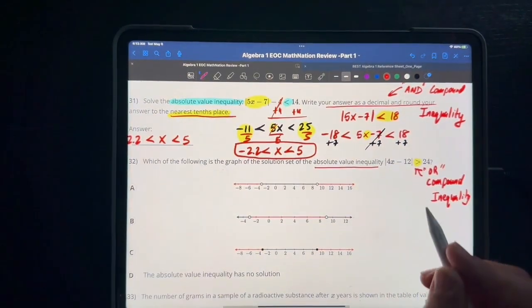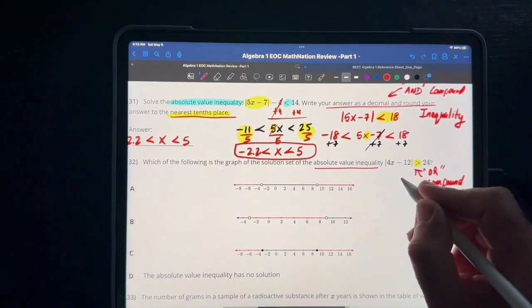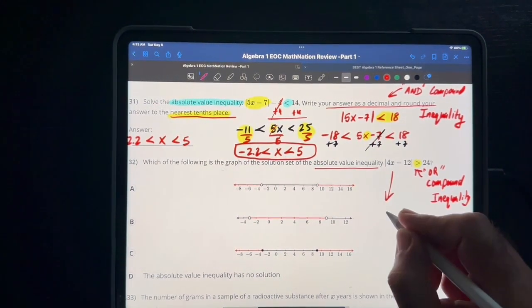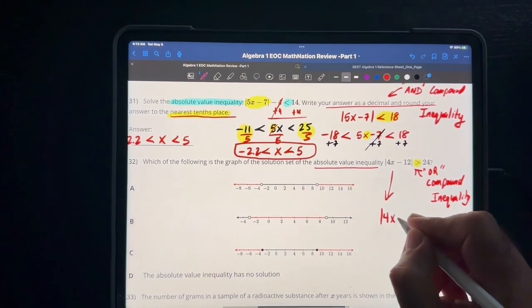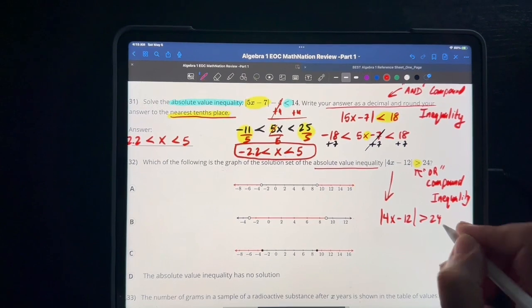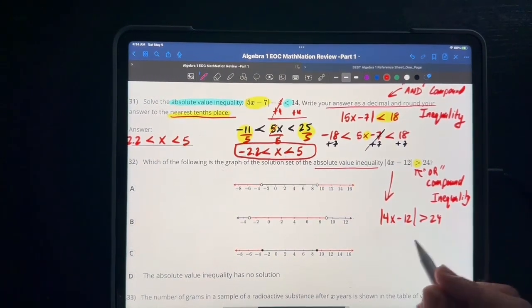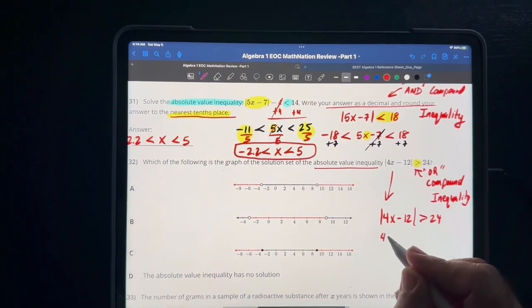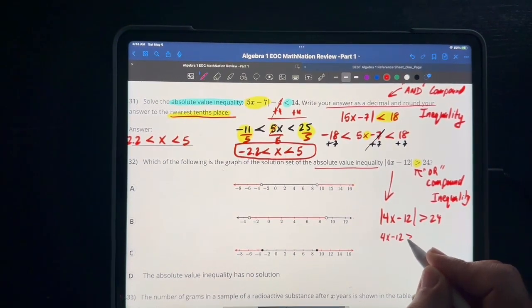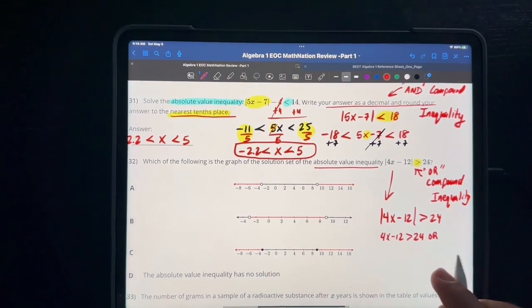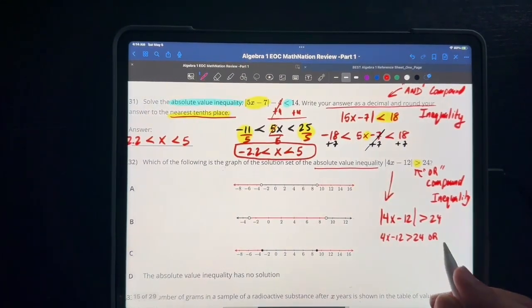Okay? So let me write down this problem right here to get some space. All right, so I'm going to rewrite this problem here. 4x minus 12 is greater than 24. So how do you write this now? You're going to write this the same way. 4x minus 12 is greater than 24, or, you're using the word or, right?